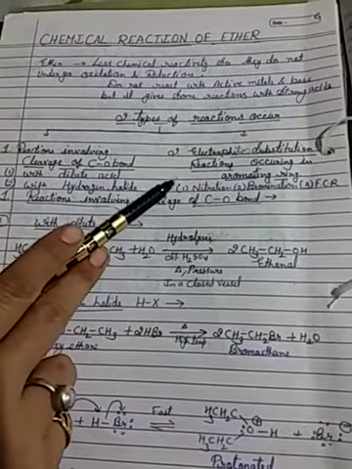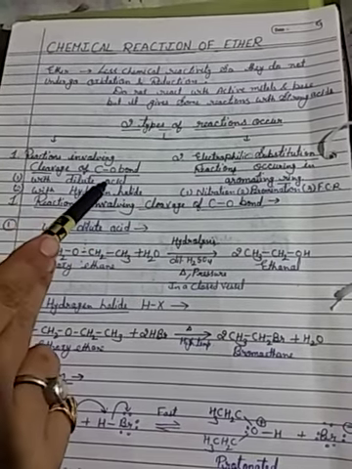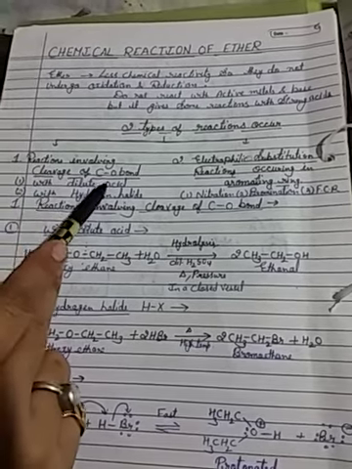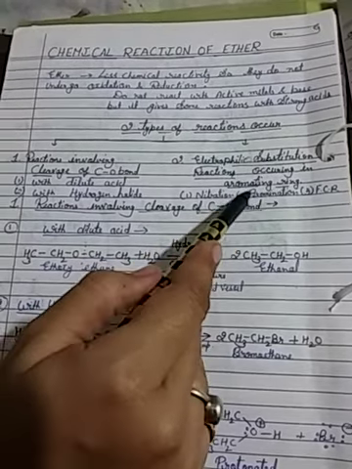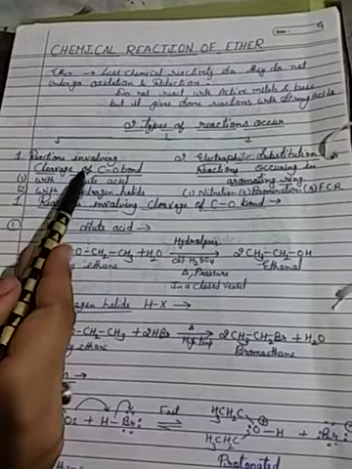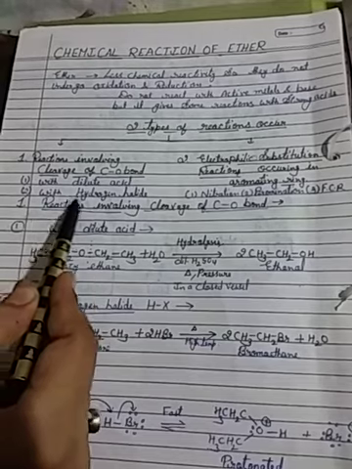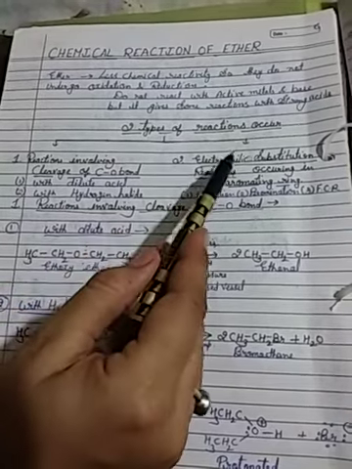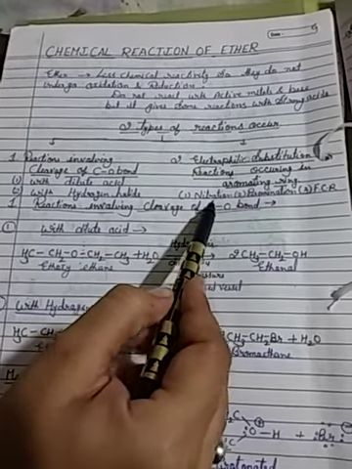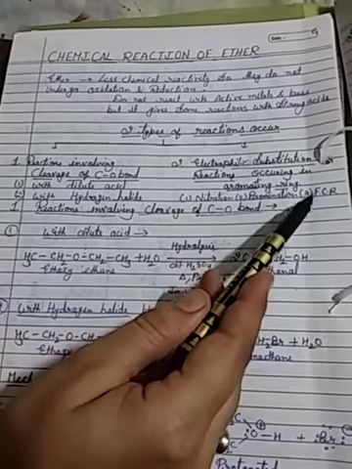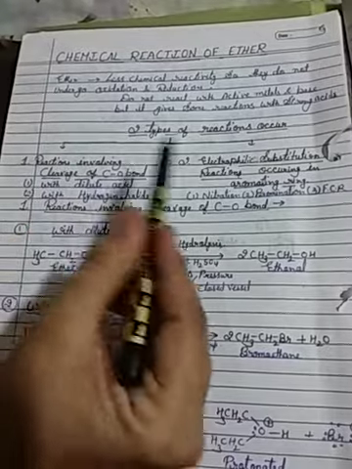So ether shows two types of reactions. First is reactions involving cleavage of the C-O bond, with dilute acid and with hydrogen halide. Second is electrophilic substitution reactions occurring in the aromatic ring: nitration, bromination, and Friedel-Crafts reaction.